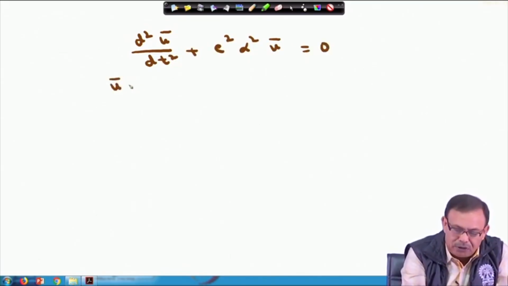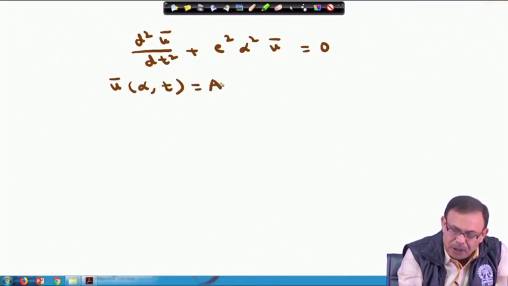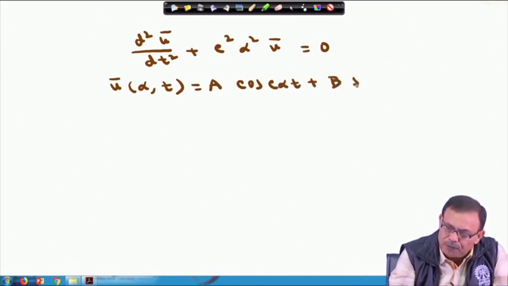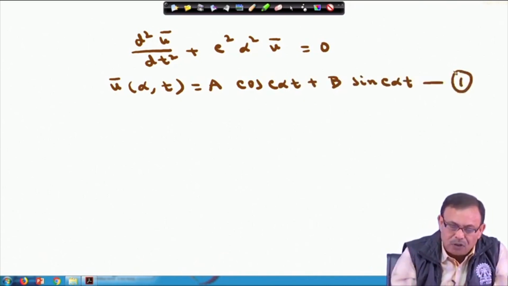And its solution you can write down: ū(α,t) is nothing but a cos(cαt) plus b sin(cαt), where a and b are constants.